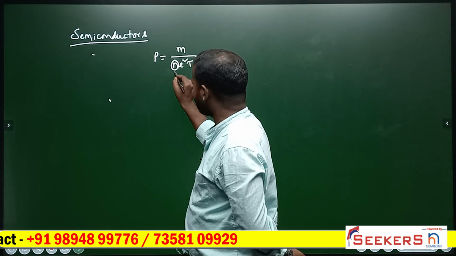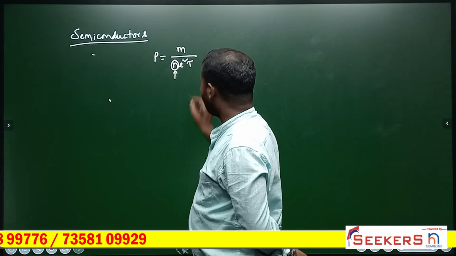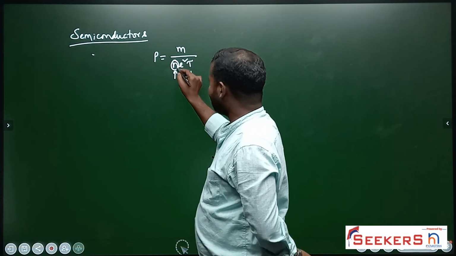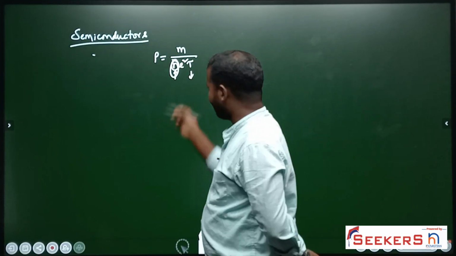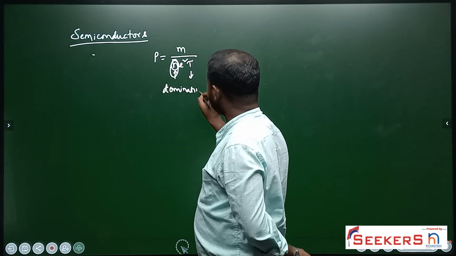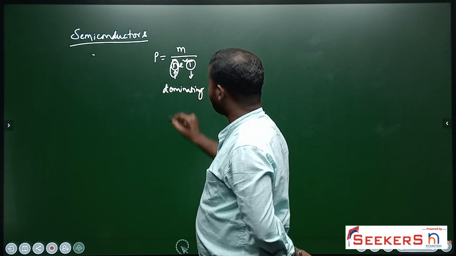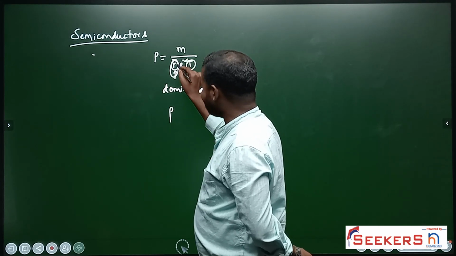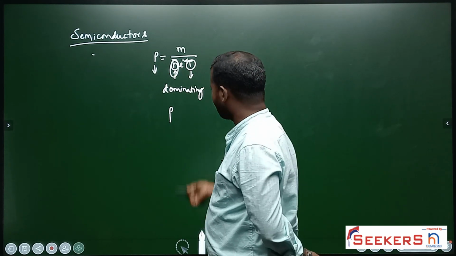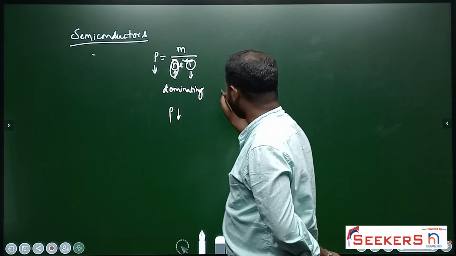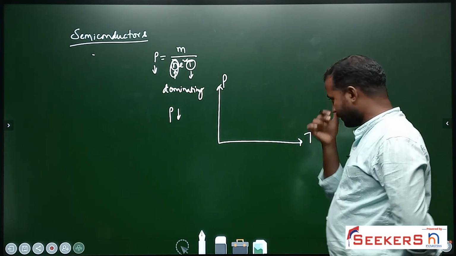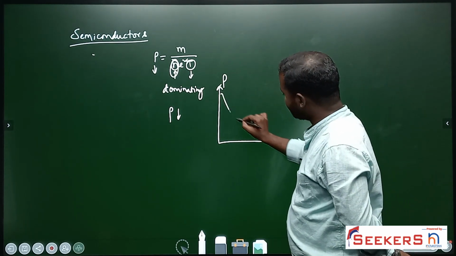Because of ionization, n will increase, and tau will anyway decrease, but the increase in n will be very large, so it is the dominating factor compared to the tau effect. Hence when n is increasing, rho will be decreasing. So in semiconductors, resistivity decreases as a function of temperature, like this.